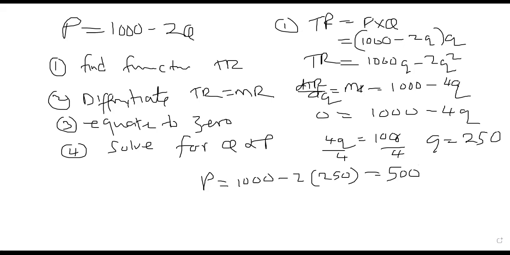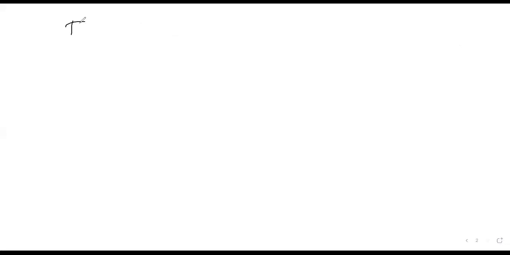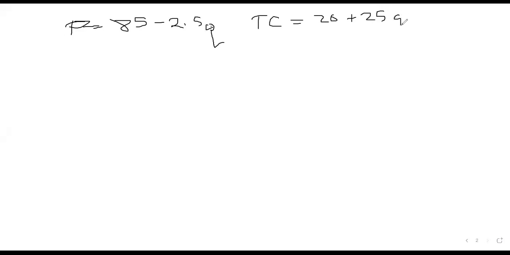Sometimes we'll be given two functions. We're given price is equal to 85 minus 2.5Q, and maybe total cost will be given by 20 plus 25Q plus 2.5Q squared.